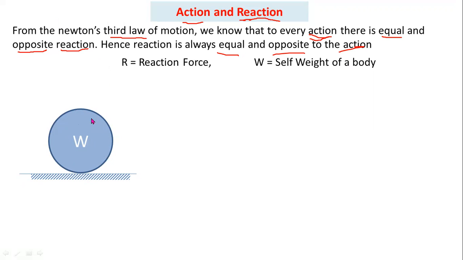I am placing this roller on this horizontal plane. Then the self weight of this roller acts vertically downwards, and this self weight exerts a force on the horizontal plane.